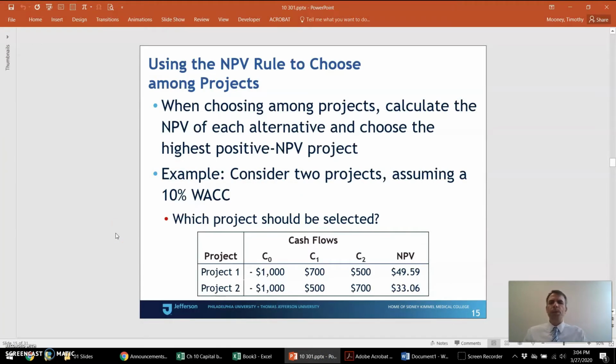And so, we can use net present value to choose between projects. If I could only choose one of these two projects, I would choose the one with the higher net present value because that would increase firm value more, create more value for shareholders. Right? If I could do both of these projects, I would, because they're both positive NPV and they both increase shareholder wealth. But if we have to choose between them, we want to choose the higher NPV project.